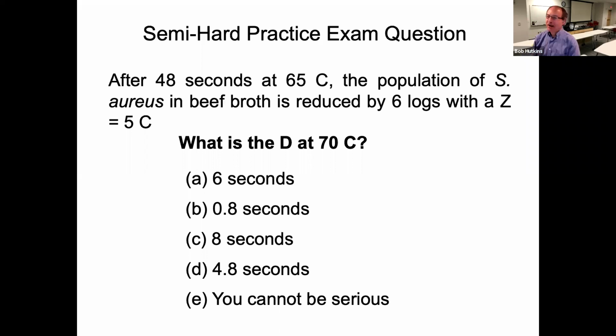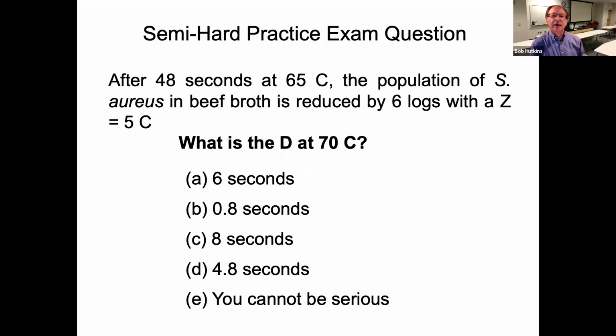All right. Okay, so first question is, even if I wasn't asking the D at 70, what's the D at 65? I gave you enough information to know that the D at 65 is, there's a chat, 8 seconds.